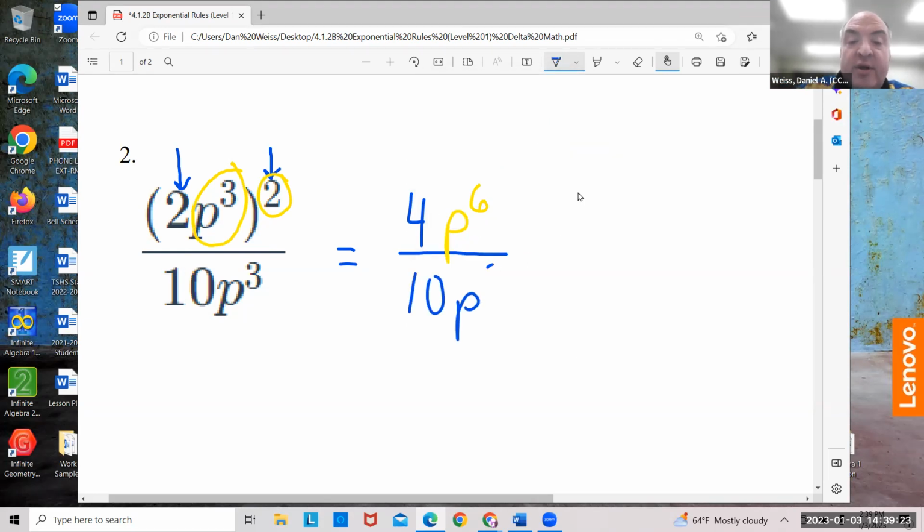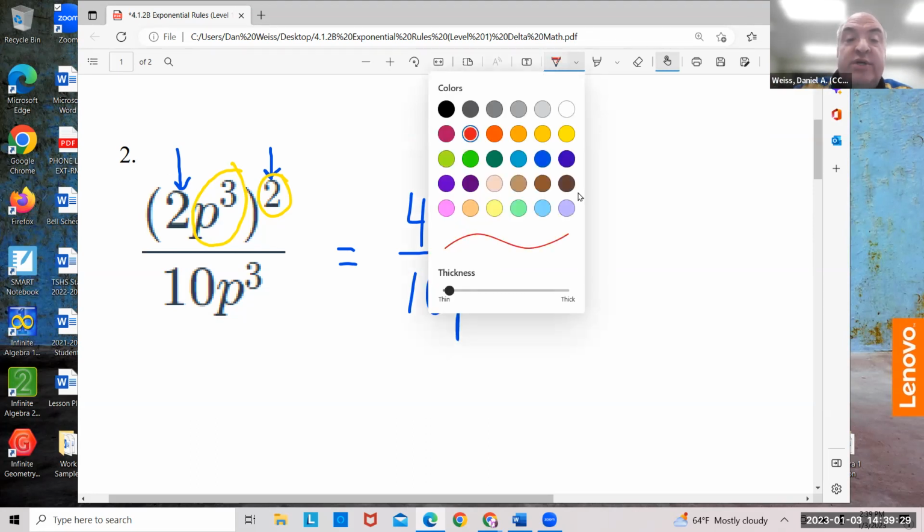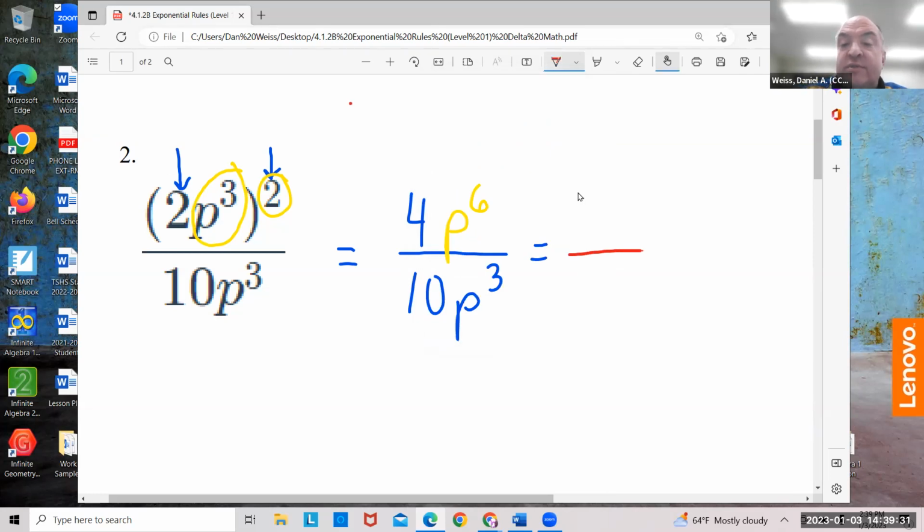10p to the third. Now, what's going to happen here is we're just going to reduce, simplify. This 4 over 10 is going to reduce to 2 over 5, right?